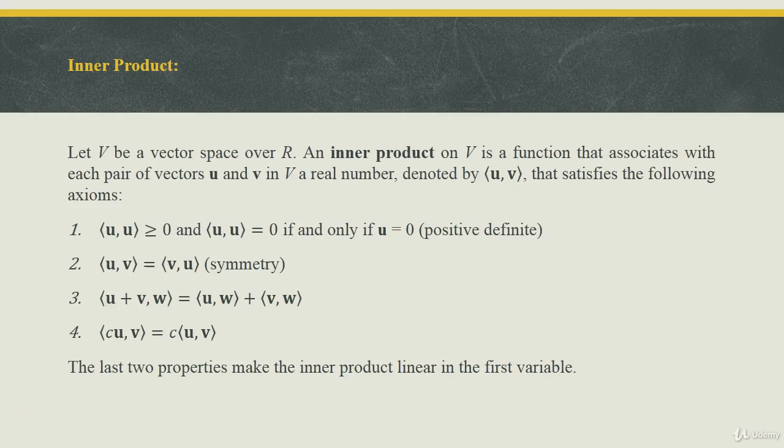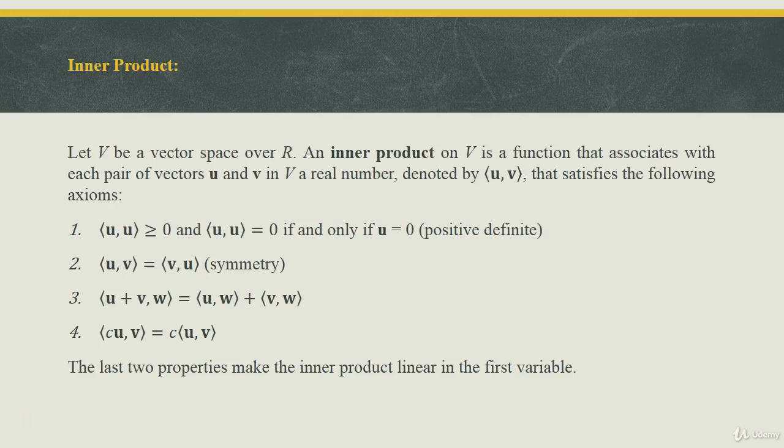The first is that the inner product of U and U is greater than or equal to 0, and the inner product of U and U is equal to 0 if and only if U is equal to 0. That is positive definite. The second one is that the inner product of U and V is equal to the inner product of V and U, which is called symmetry.